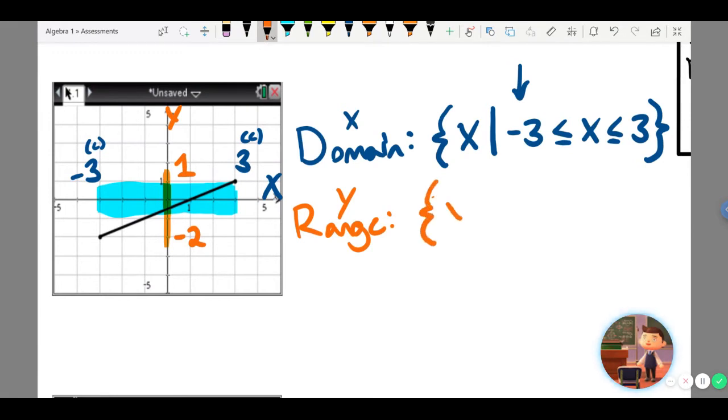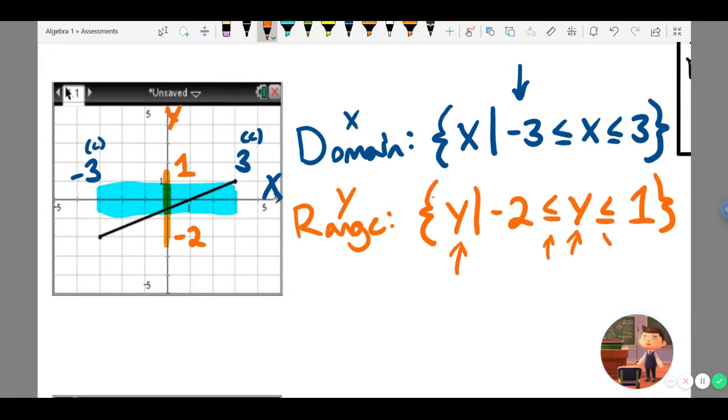And I know that we're looking for the set of all y values such that y is in between the smallest number, -2, and the largest number, 1. Once again, notice that for range, y is taking the place of x in all of these places. That's important to note, and these symbols that we use totally depend on whether you have open or closed circles.